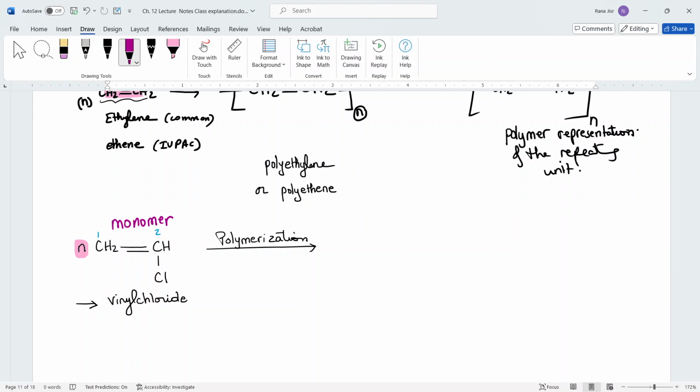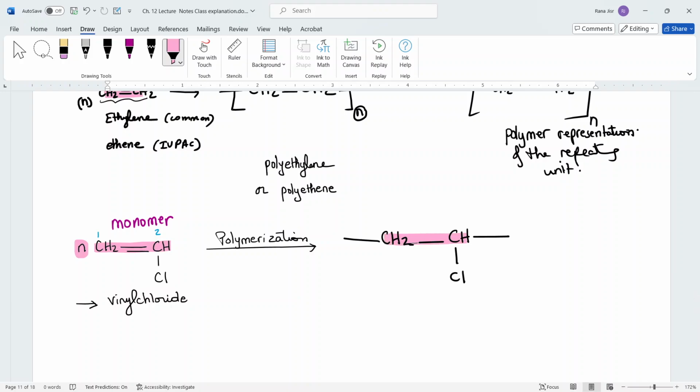So in order to draw that polymer chain, you take that monomer exactly as is. So I have a CH2 without the double bond though, and the bond and the CH in there, and the chlorine. So this is my alkene part. I don't care about the chlorine. It's the alkene part in there.